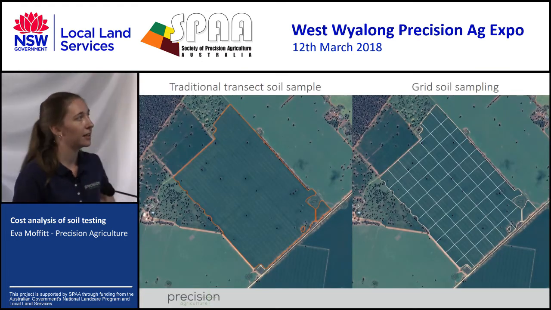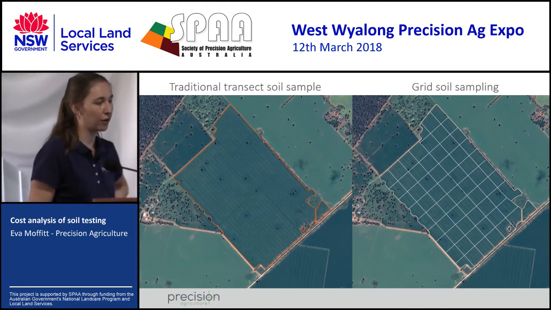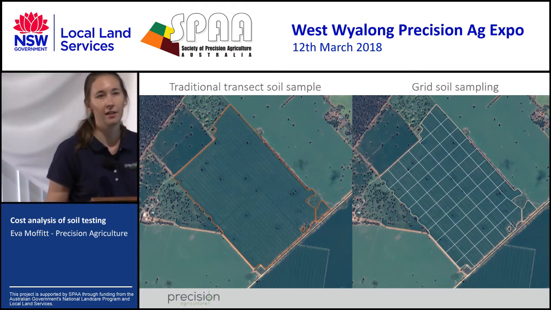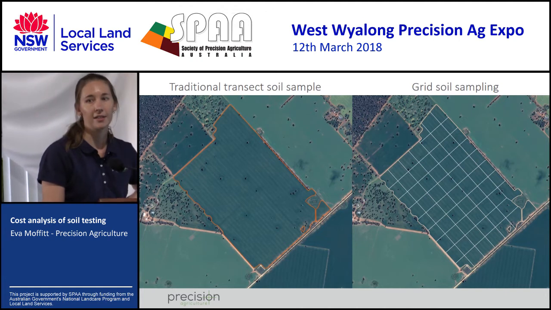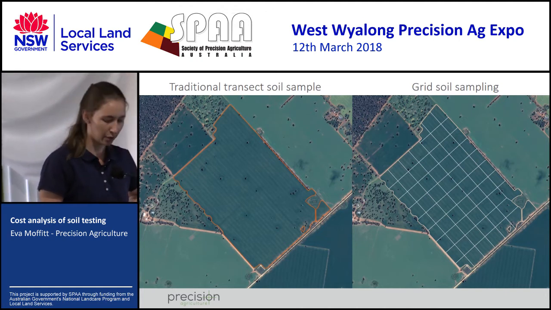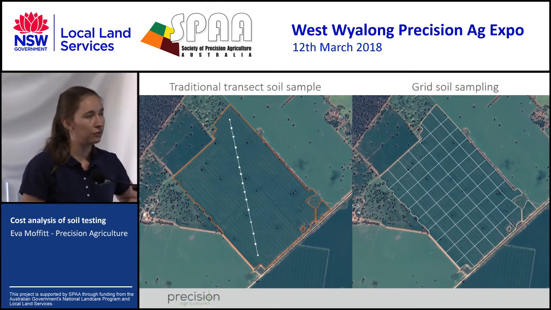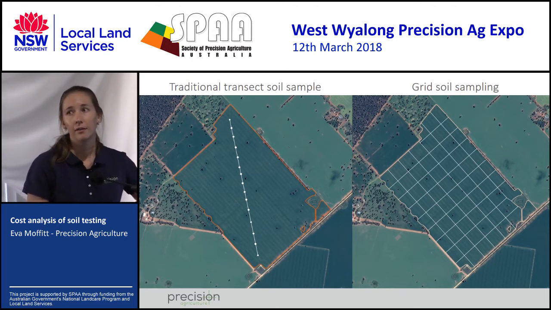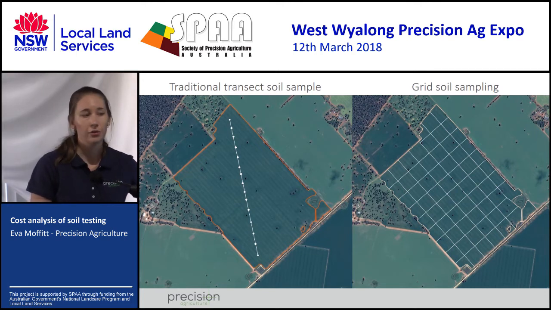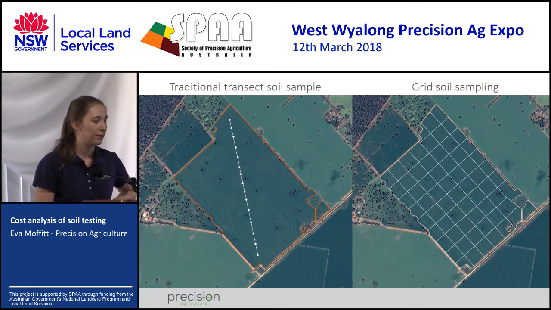So before I get stuck into that, just a very quick run over of what grid soil sampling is. I think from the other presentations today it's probably been covered fairly well. On the left, our traditional transect style soil sample where you're getting one result for a paddock. On the right we've got a 2 hectare grid. As Adrian alluded to, the higher the resolution the better.